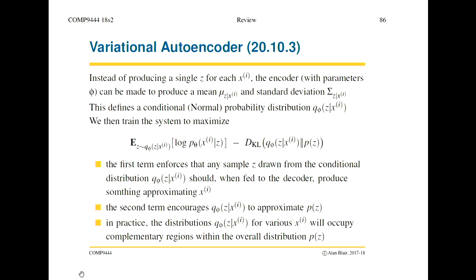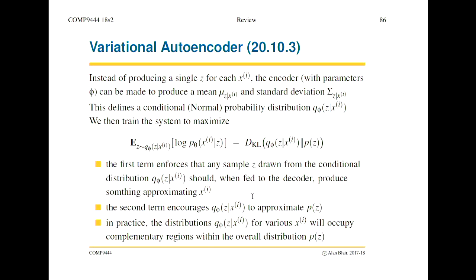And then the second term says that the encoder should produce latent variables which fill out this Gaussian distribution, based on the KL divergence from this distribution to the Gaussian distribution.